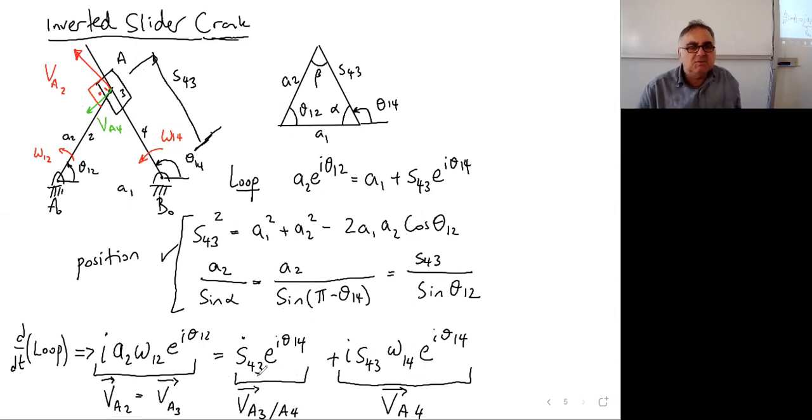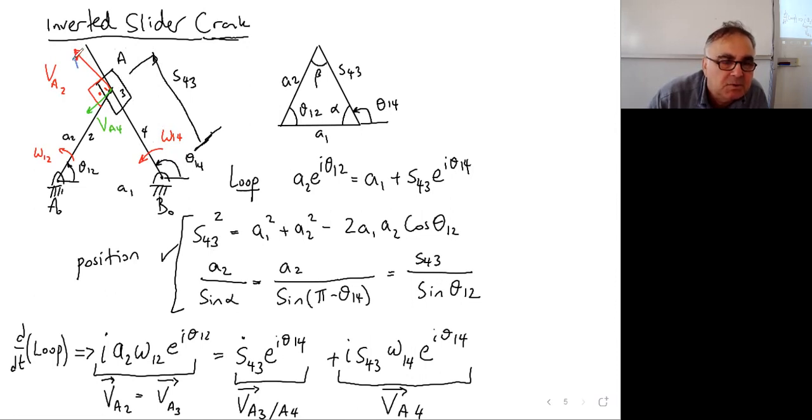Okay, this is the relative velocity of the slider with respect to the rod 4. And that has to have the direction of, well, it has to be along the rod, so it has to be something like this.